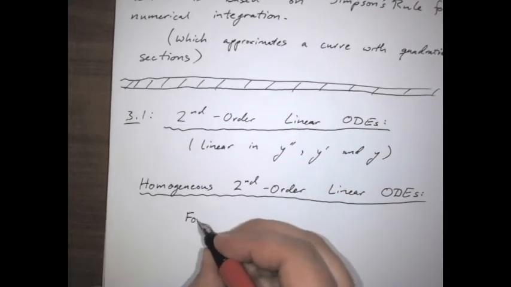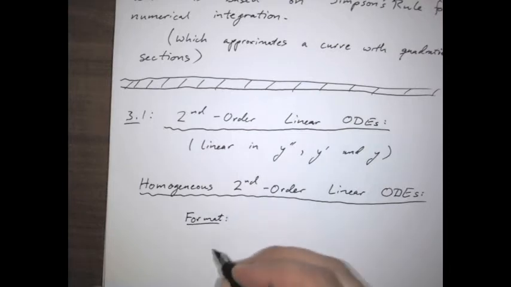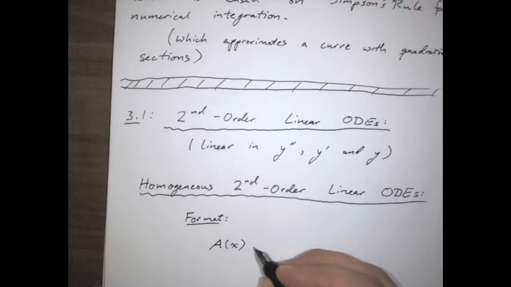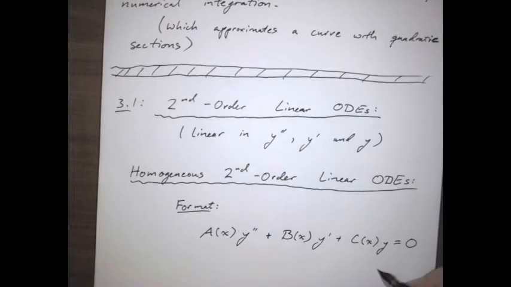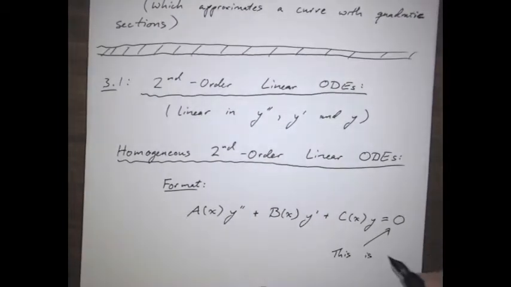So the format is a of x times y double prime plus b of x times y prime plus c of x times just y is equal to 0. And this is what makes it homogeneous, the 0.